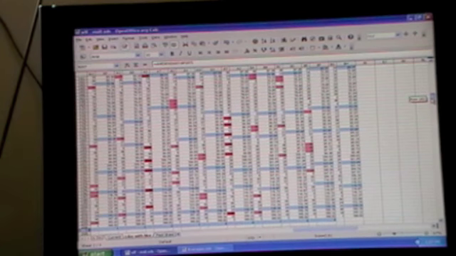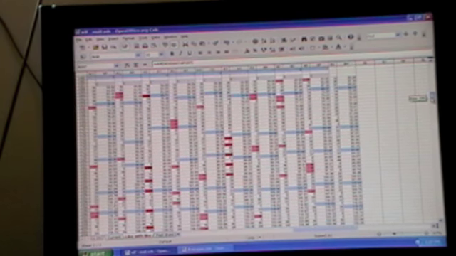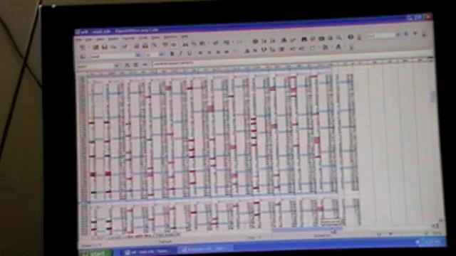So what you've got to do is go back and look at the pattern that's emerging around the red and the pink. So this particular one, that seems to be a fairly consistent streak there.